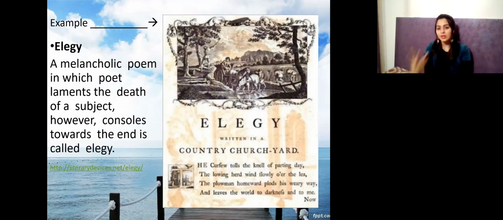Like suppose a parent or father of someone is dying out of some problem, and in the end you're talking to the kid of that father, right? So that's called elegy. So, Country Churchyard, you can see here. This is an example of an elegy. You all can read this and understand what an elegy is and how seriously it is written, because it actually laments death. It's a death scene, you can say.